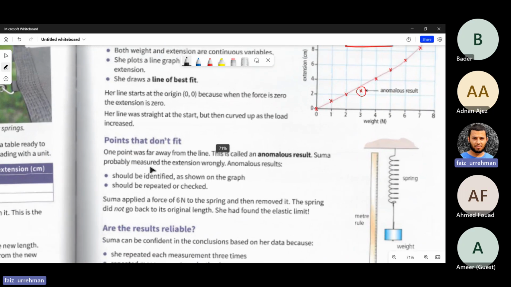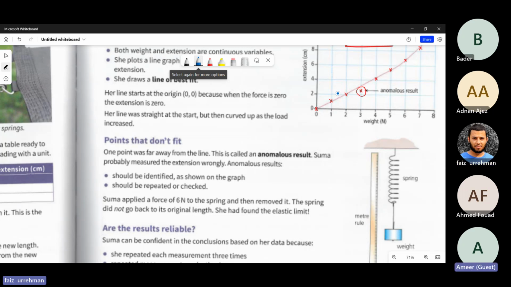One point was far away from the line. This is called an anomalous result, or strange. So she probably measured the extension wrongly. Maybe she did this calculation wrongly, so maybe she needs to recheck her calculations.